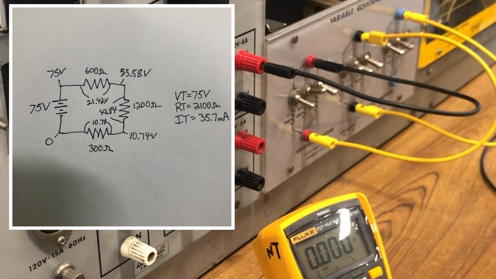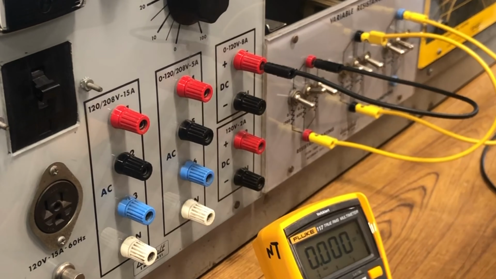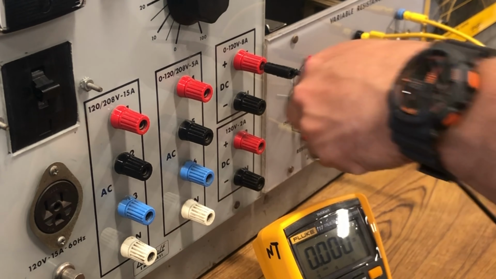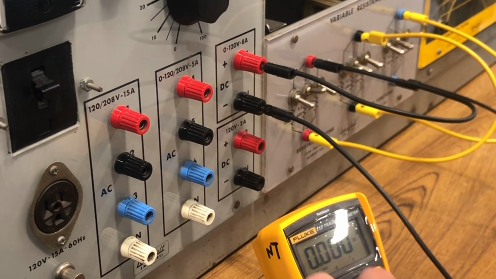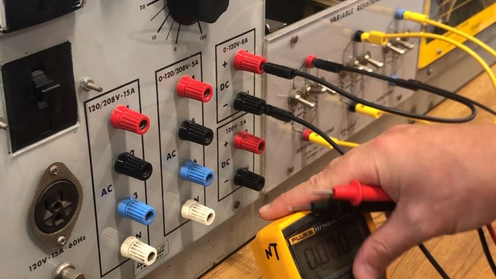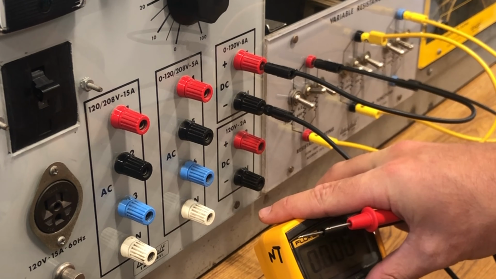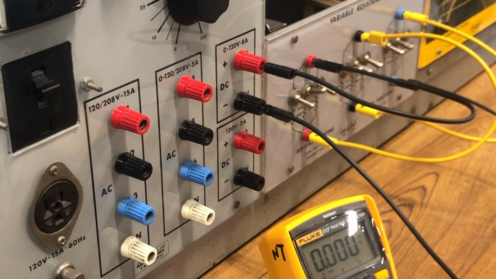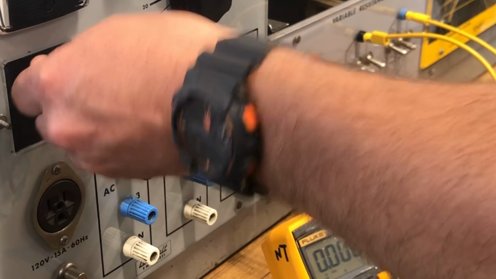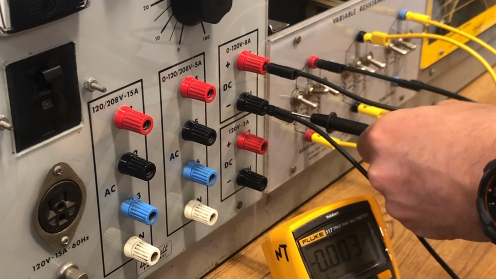Now, let me put this back in. I was just showing you that's the current, right? Now, let's do our voltage measurements. Flip this back, put it on volts DC. Check my applied again.